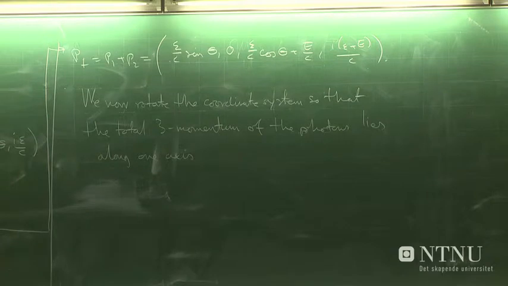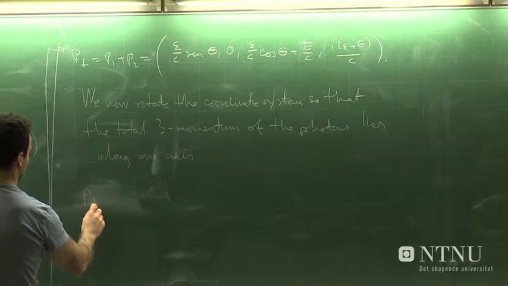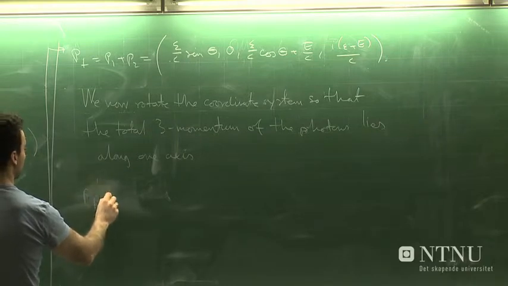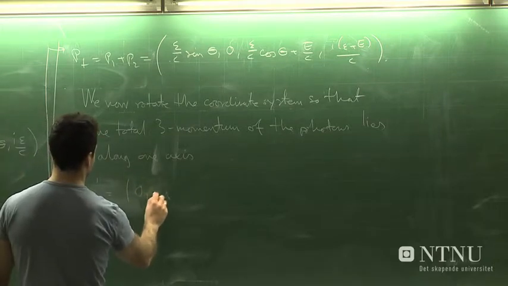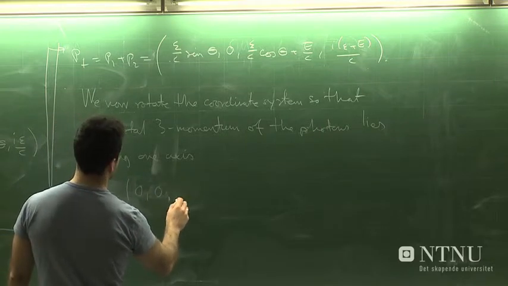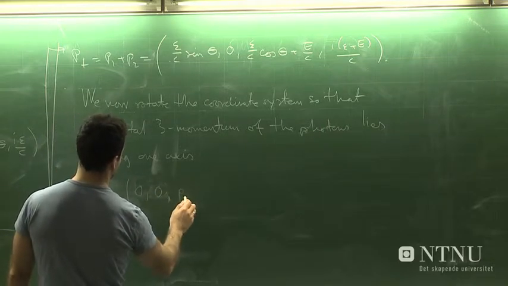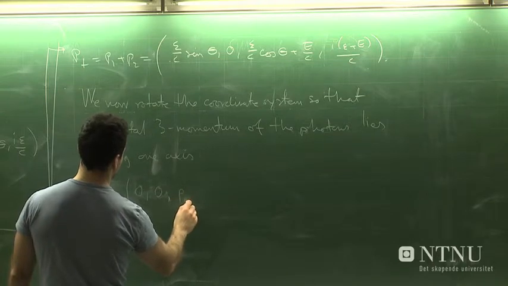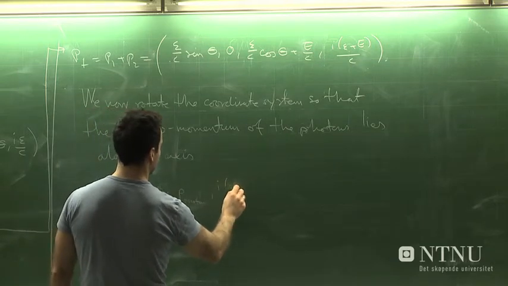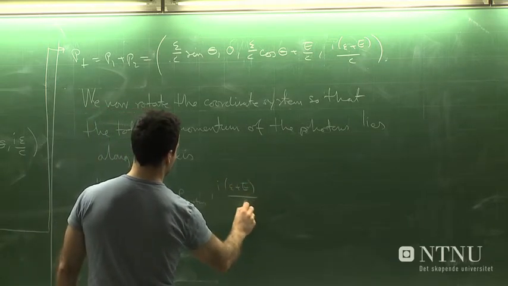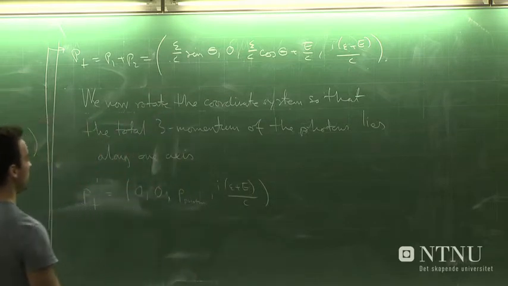So let this be the z-axis, for instance. In that case, I have P_t prime, the four momentum in that new system, like this.